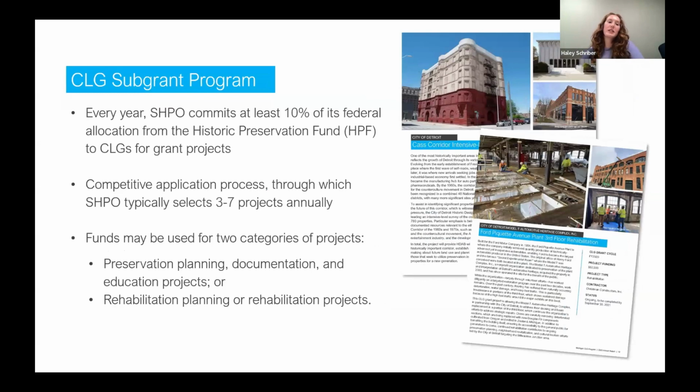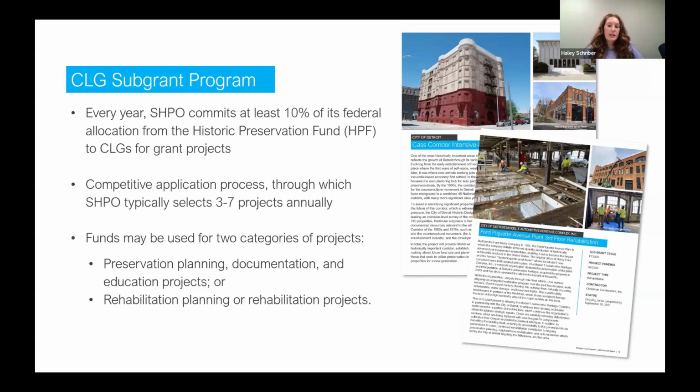All right, the CLG subgrant program. Now, this is admittedly one of the biggest draws to the program, that grant funding. So I think it's important that we talk about where this grant funding comes from. Every year, the National Park Service provides us, the SHPO, with an operating grant through the Historic Preservation Fund.